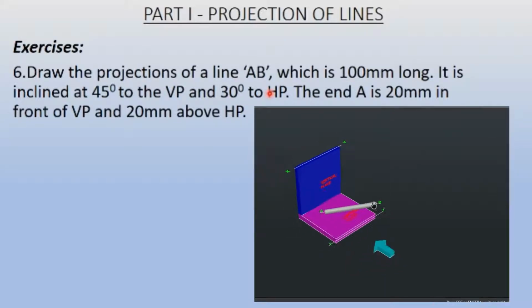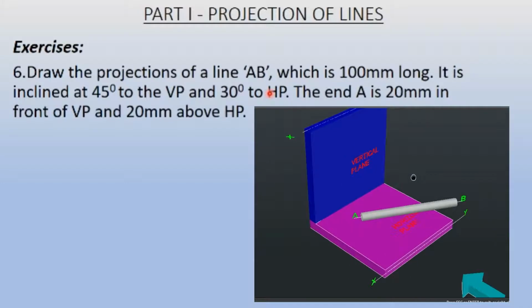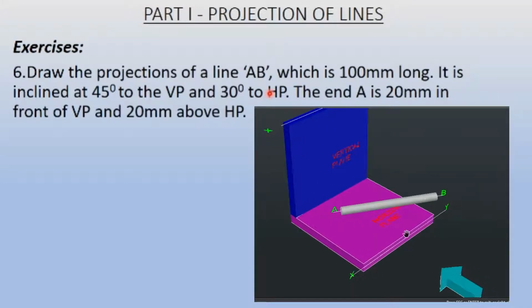But as the angle is given with respect to the horizontal plane also, now I have to make the angle of inclination with respect to the horizontal plane also, which I will do now. Now you see that I am making it inclined with respect to the horizontal plane also.